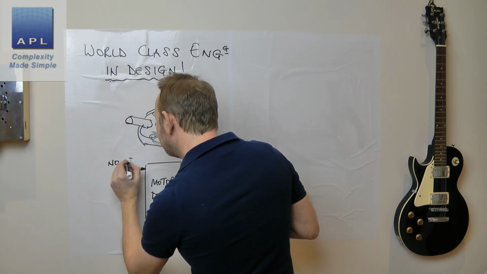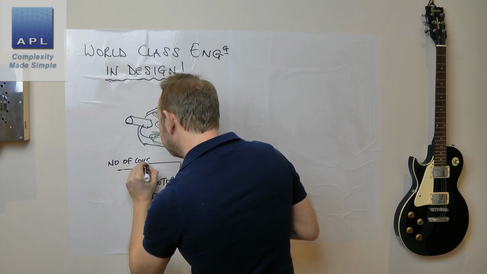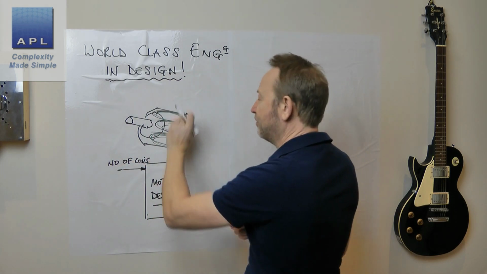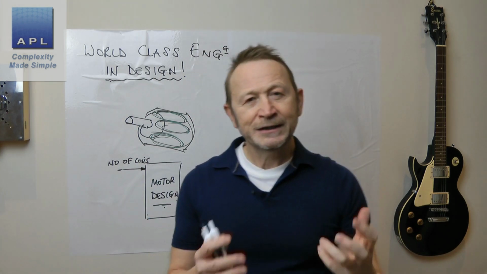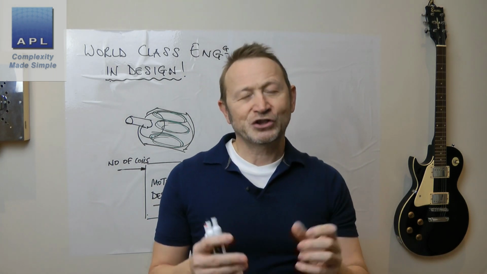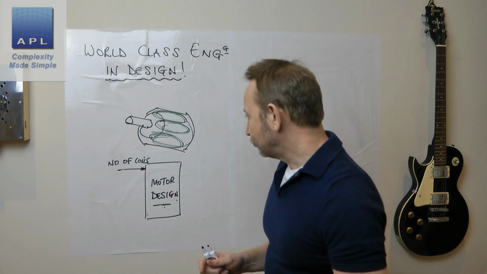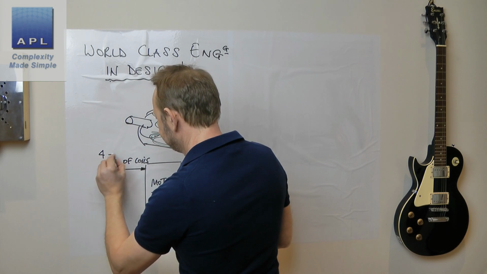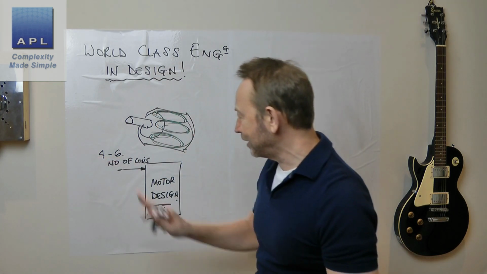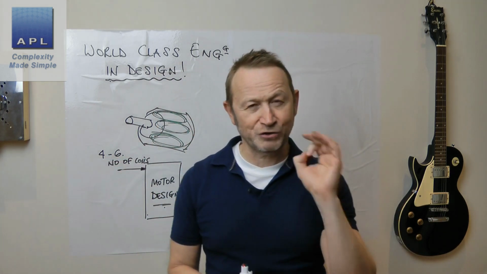The number of coils. Yeah, so the designer can put a number of these coils around the rotor and the stator. How many coils do we actually have? Okay, so the number of coils, and I think they've gone 4 to 6. Not even sure whether that's possible, but anyway, and this is the design space, really important.